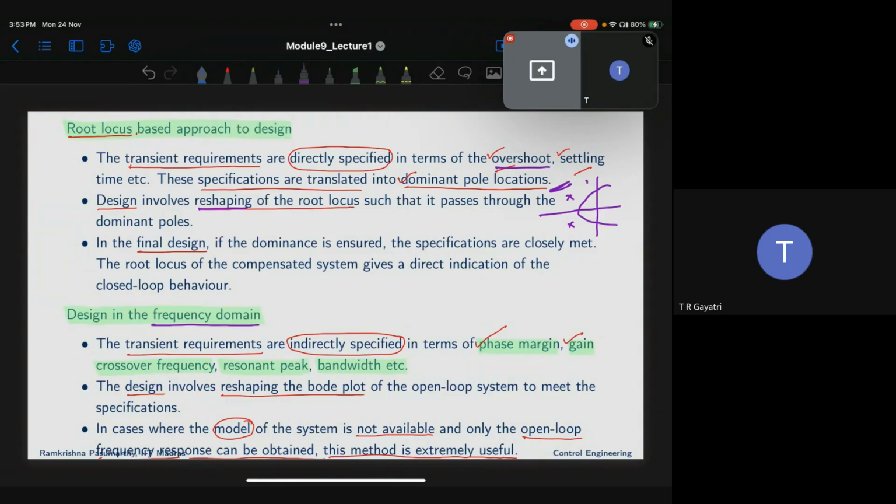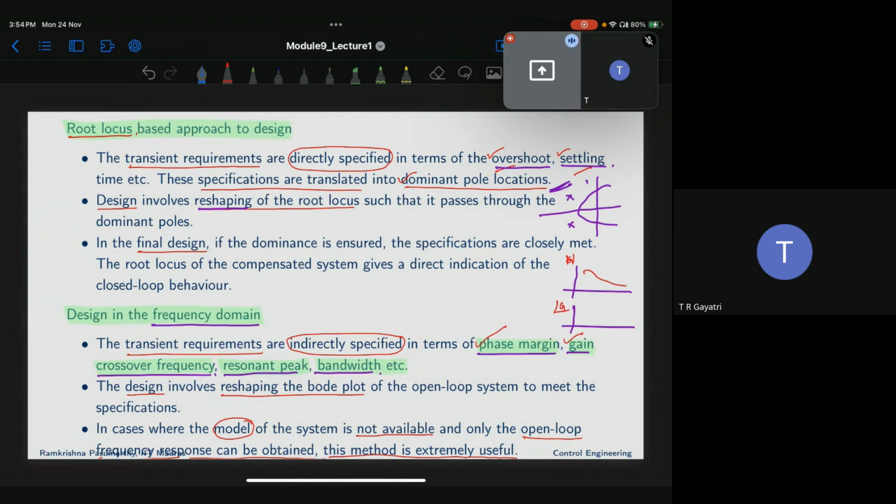Whereas previously they were in terms of overshoot and settling time, now they will be indirectly specified with phase margin and gain margin and other factors like resonant peak, bandwidth, etc. So using these design specifications, for the given plant we first plot the Bode plot, the magnitude plot as well as the phase angle plot.